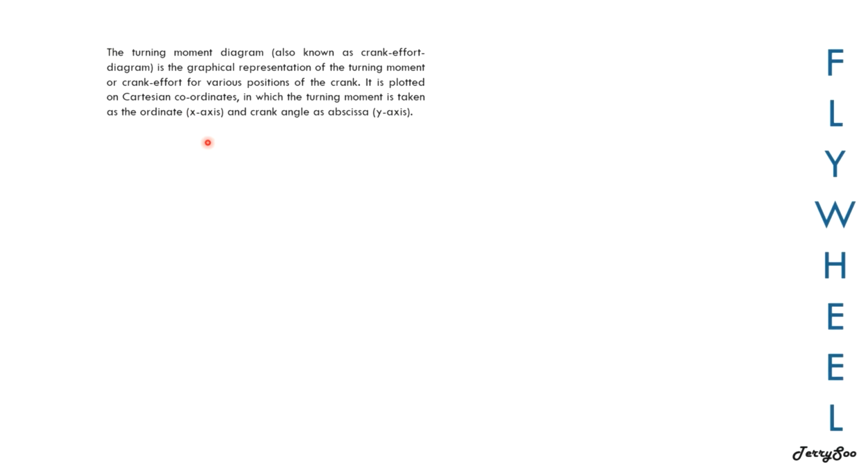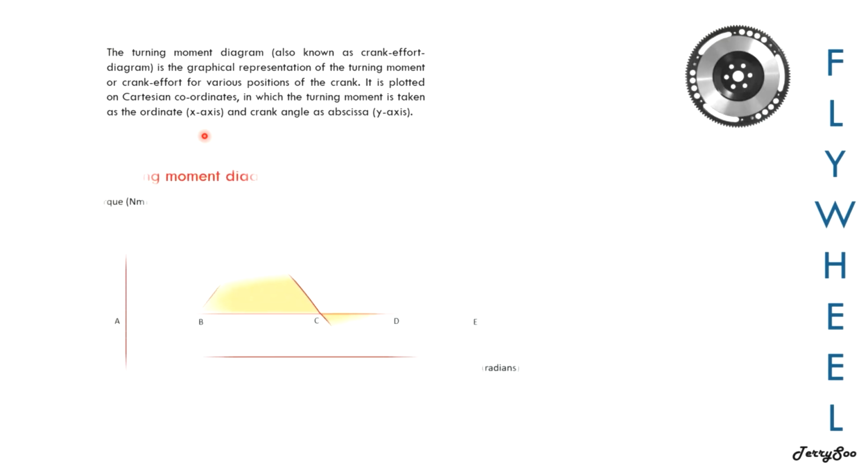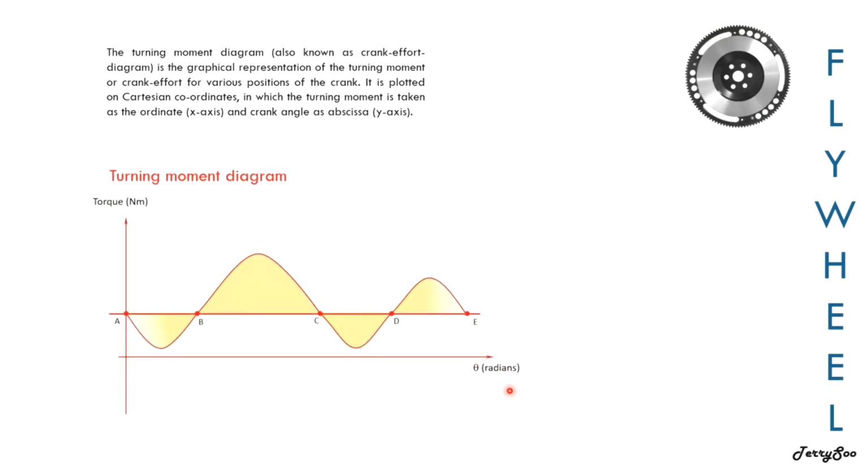And we know that for rotational components, the work done is measured based on the product of T and theta, where T is the turning moment and theta is the angular displacement. So you can see there is a fluctuation of energy or work done here.